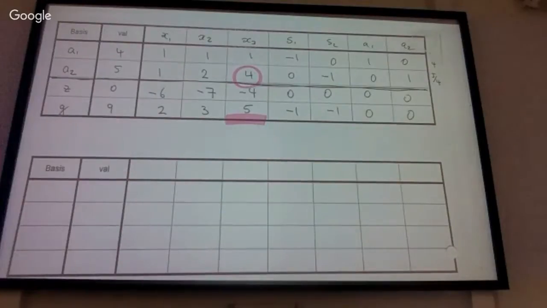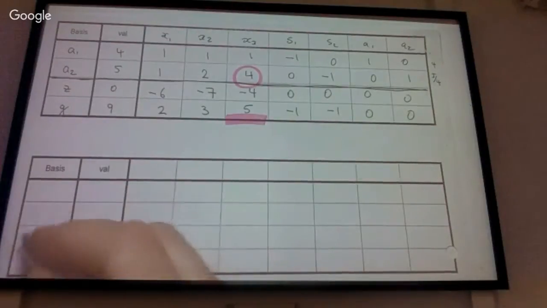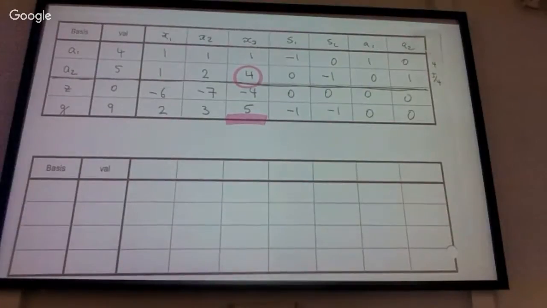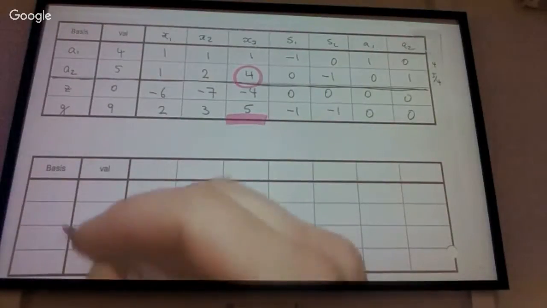Have you finished the pivot step yet? Well, now you know what to do, so do it. You have 2 minutes. Well, 3. I'll be doing it myself, but don't mind me. I'll probably get it wrong.